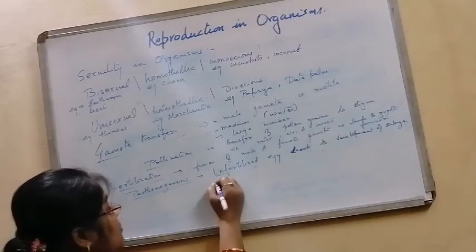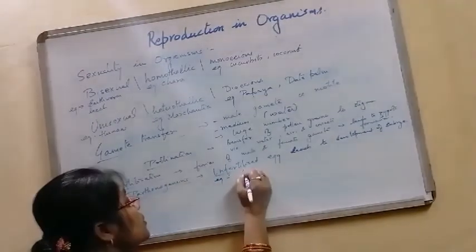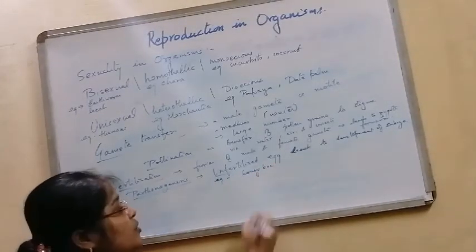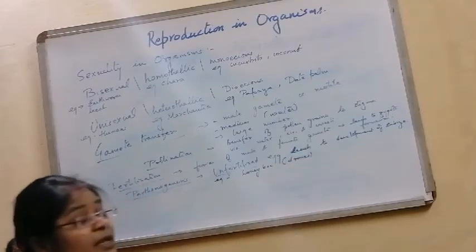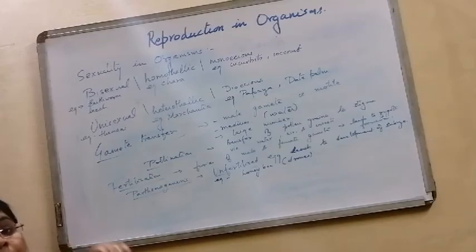One of the best examples, I don't know whether you know or not, is your honey bee. Male honeybees, which are called drones. There are many birds which reproduce parthenogenetically. Many lizards reproduce parthenogenetically.